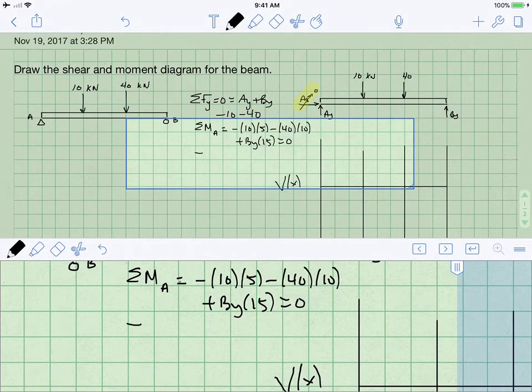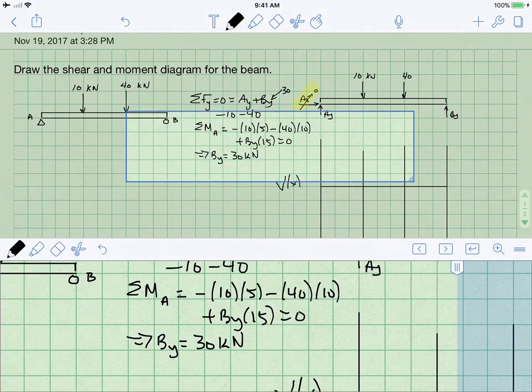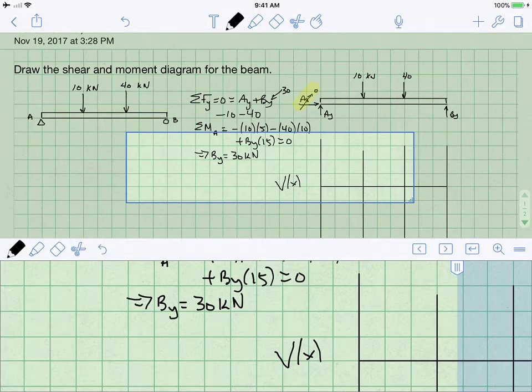Solving for BY, we find that BY is equal to 450 over 15, which is equal to 30 kilonewtons. And because of that, we can plug that in. If that's 30, then we conclude that AY is equal to 20.